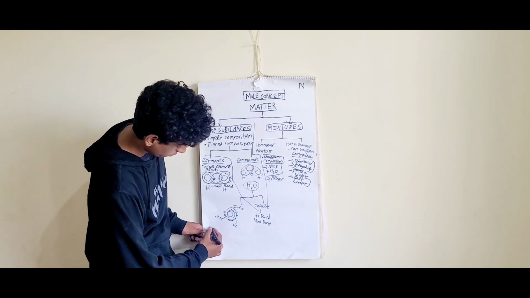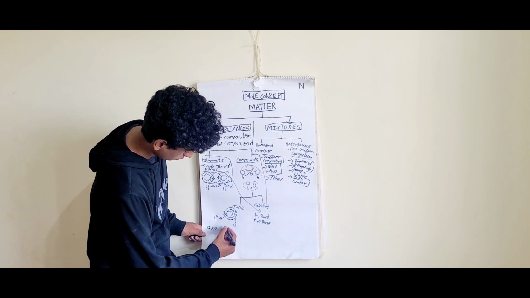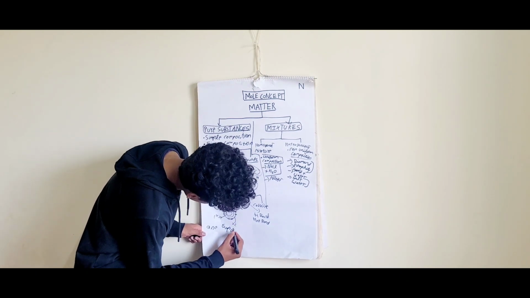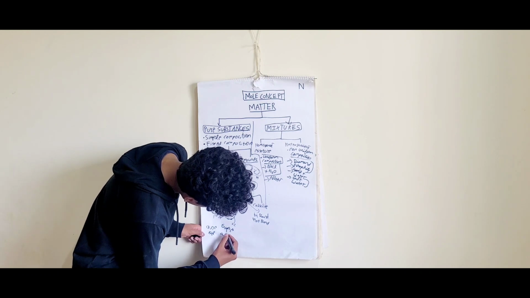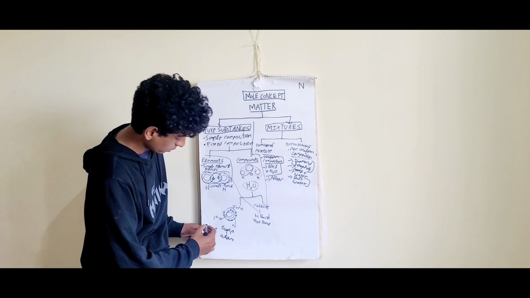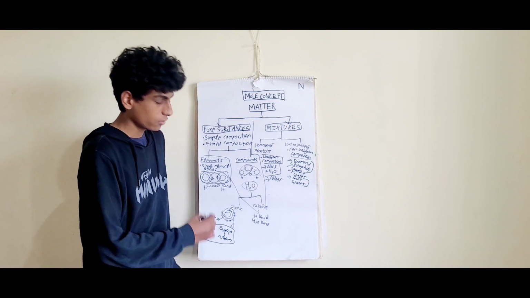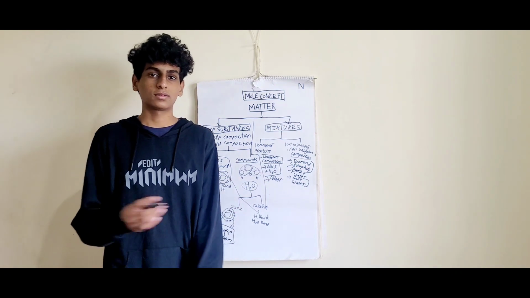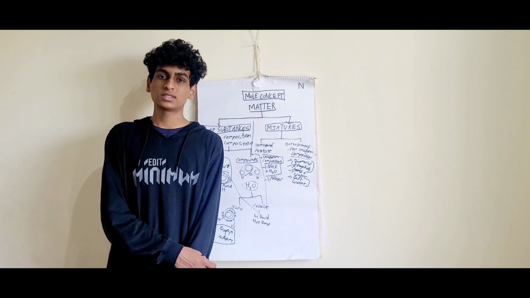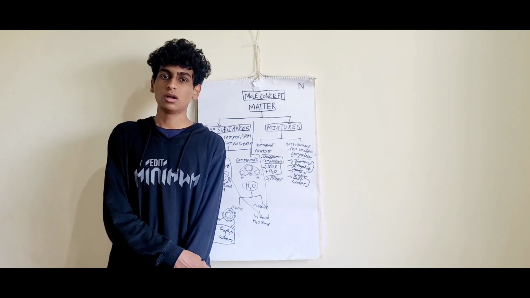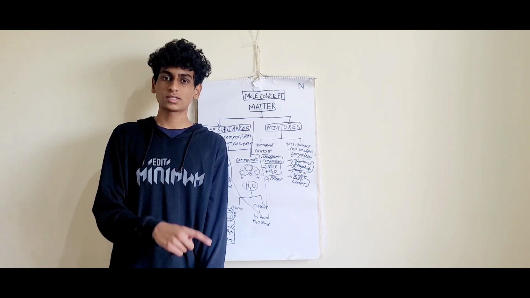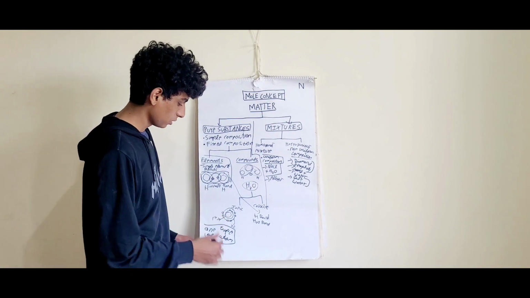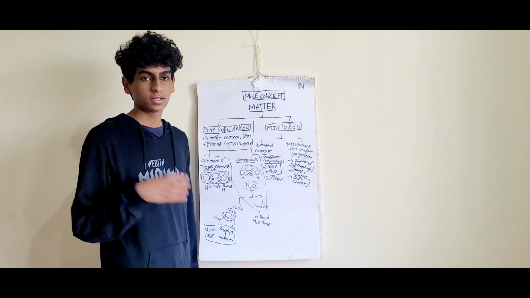Elements have only one kind of atom. Elements are only made up of one type of atom. Another example of an element is oxygen, O2, meaning one atom of oxygen and another atom of oxygen. They only have one type of atom.